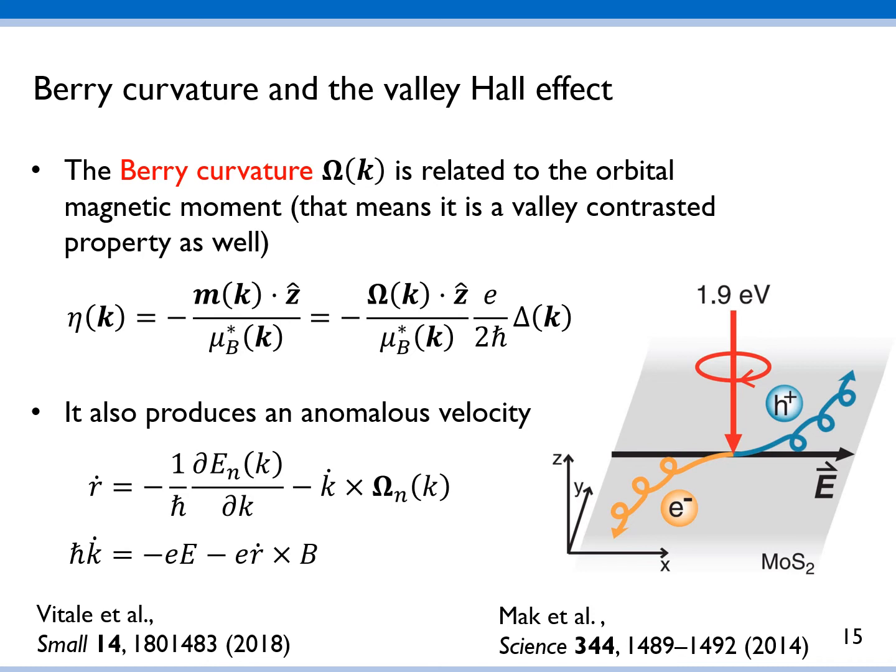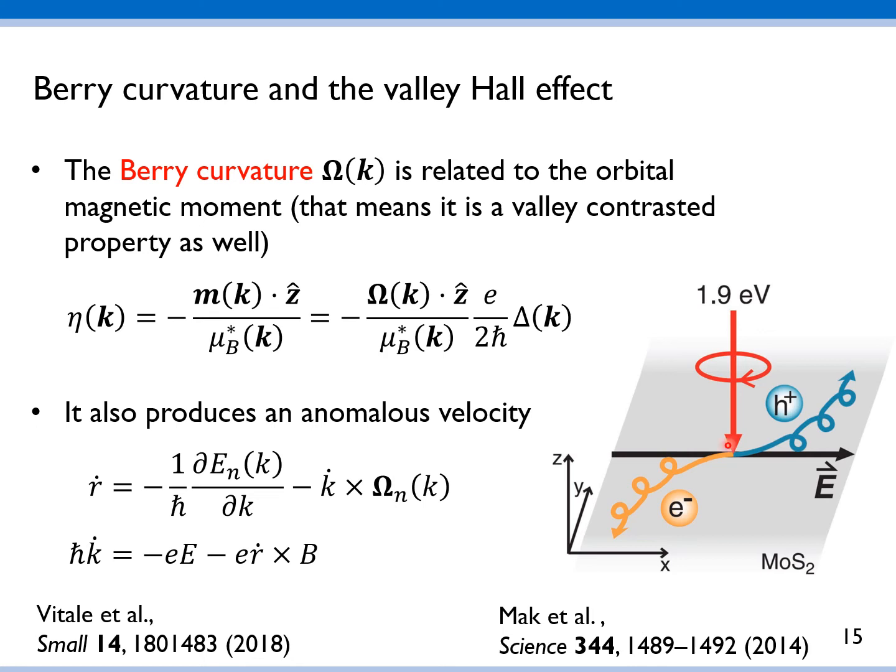Okay, so r dot here is the velocity, and we can see the contribution of the Berry curvature here. And k dot is dependent on our electric field E and our magnetic field B. So that means that by applying an electric and/or magnetic field, we can make our particles travel and tune them in the direction where we want them to go, and in that way we can measure and manipulate the valley information of our particles.